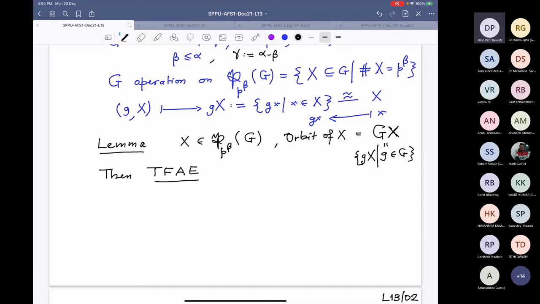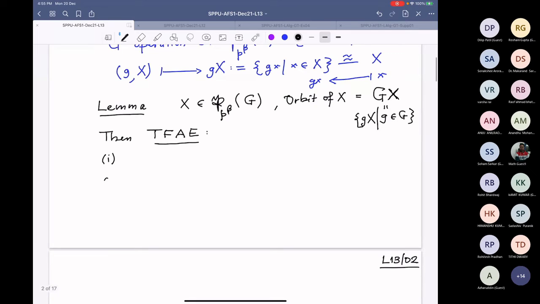This I inherited from my teacher. So 1, 2, and 3: there are three statements, and they are equivalent. And the third one is that the orbit GX contains exactly one subgroup.